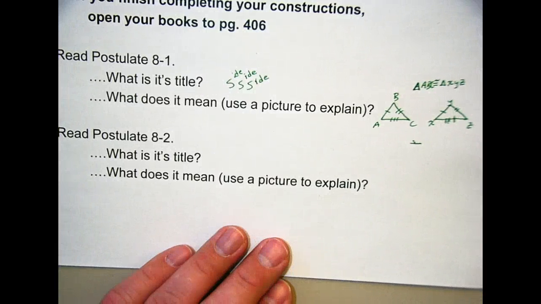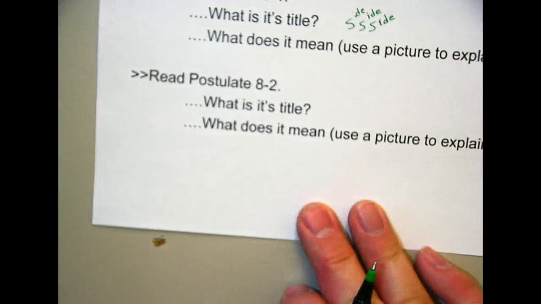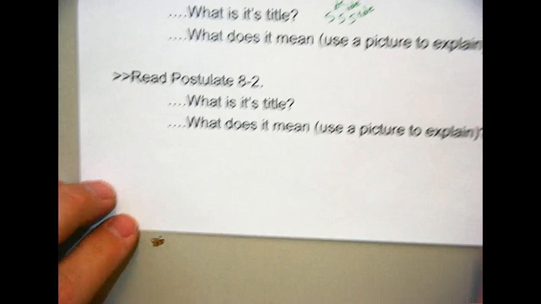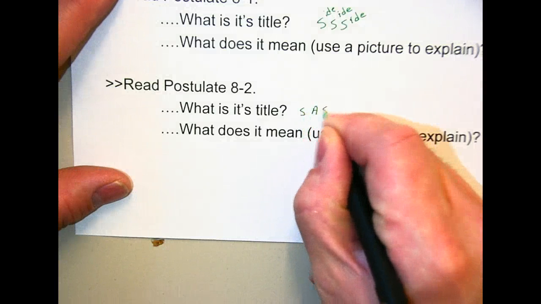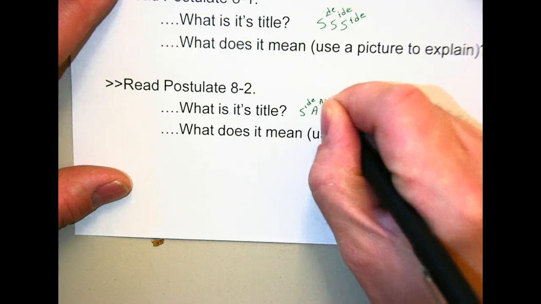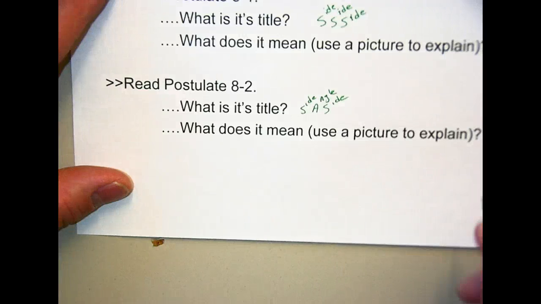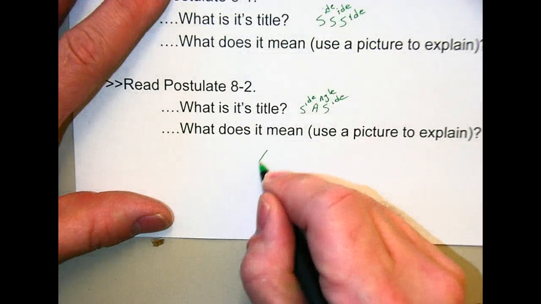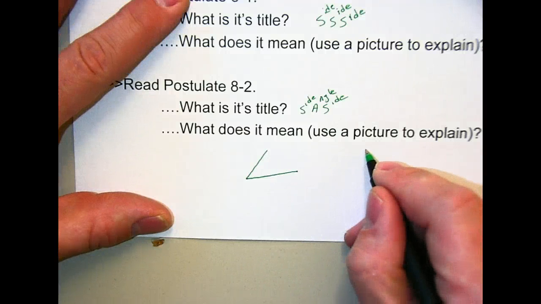What's the other title? Well, let's go with Haley this time. She had that one. Side angle side. Side, angle, side. And Maddie, what does it mean? It means that if two sides and the angle are equal on two triangles, then the triangles are equal. Very good. So if I have an angle and 2 sides coming off that angle.